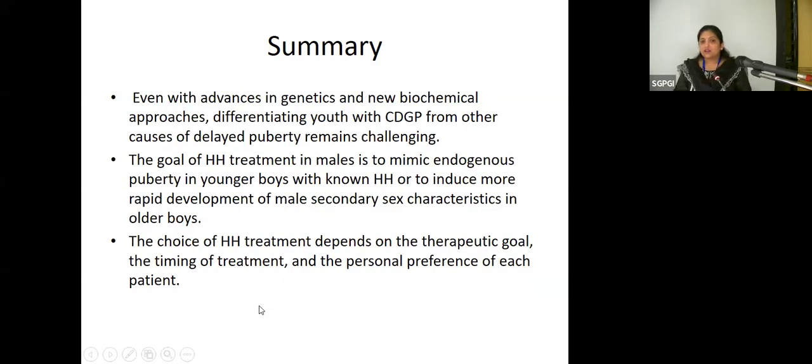Even with the advances in genetics and new biochemical approaches, differentiating CDGP from CHH is challenging. And the choice of hypogonadism treatment should be decided depending on the therapeutic goal, the timing of treatment, and the personal preference of each patient.